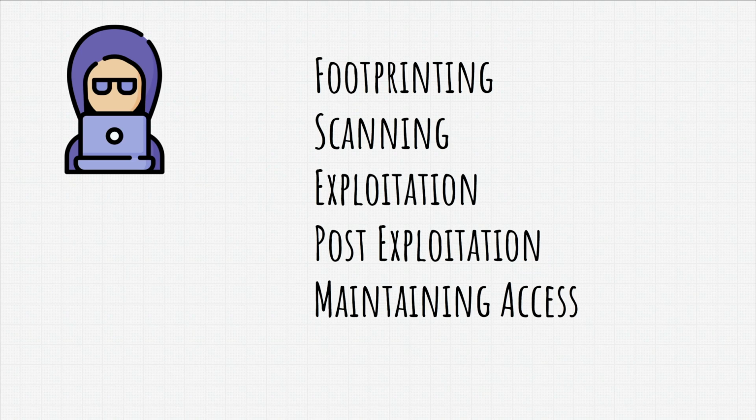And after that comes scanning, which essentially is discovering different technologies on the target system, from open ports to operating systems running to different services and software that are running on that machine, and also including the security measures such as firewalls and antivirus software.